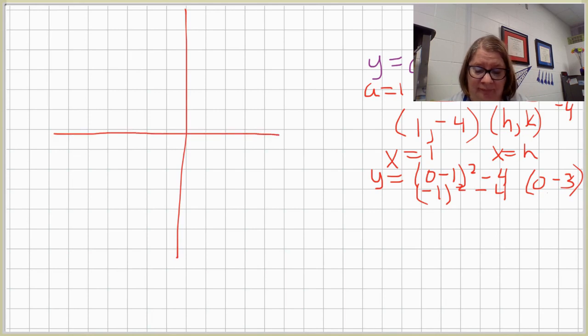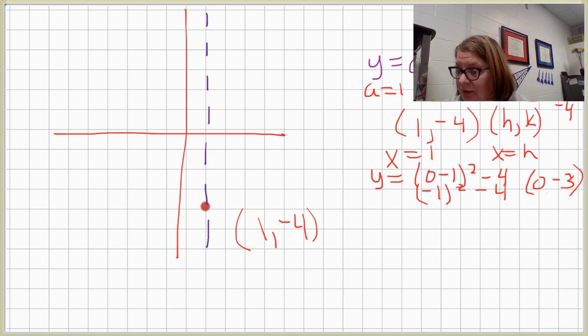My line's a little crooked. We'll talk about later that this A is positive, so it opens up. The axis of symmetry is X equals 1. So here's your axis of symmetry. That means your parabola is going to be symmetric around there. The y-intercept is 0, negative 3.